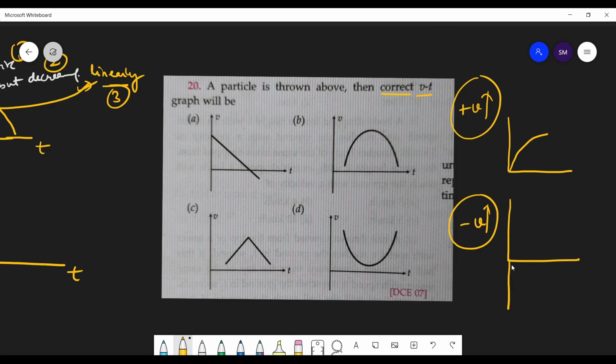Sir, negative slope. Negative slope. Okay. So velocity will be decreasing. Here the velocity is decreasing.